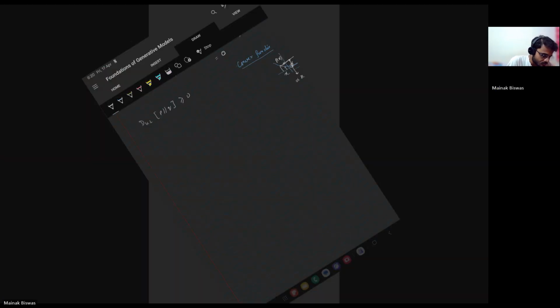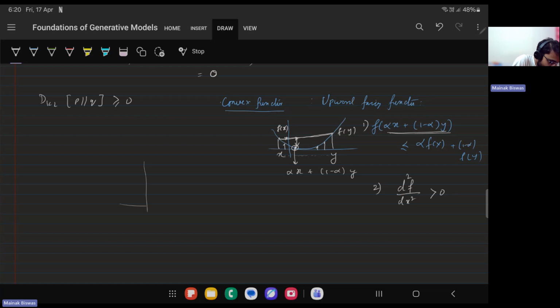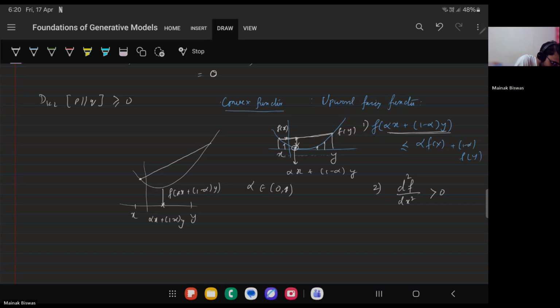Right? So again, if you want to visualize this, I'll write it down again. This is the function between any x1 and x2, or x and y, two values. Anything in between is alpha x plus 1 minus alpha y, where alpha is between 0 and 1. Once I take the function of that, f of alpha x plus 1 minus alpha y, this is going to be below this value.